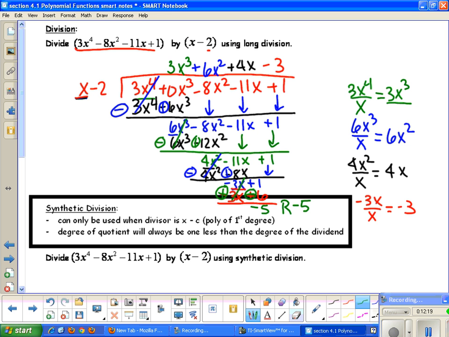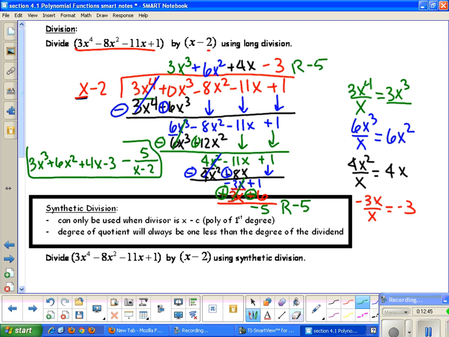If we were to write this out the correct way, it would be 3x cubed plus 6x squared plus 4x minus 3, and then we're subtracting 5, our remainder, over our divisor, because we couldn't go in anymore. So this would be our solution. So that's the long division.